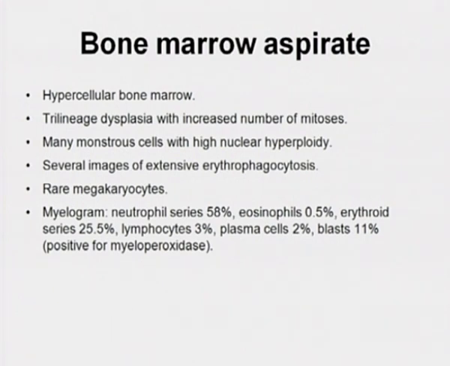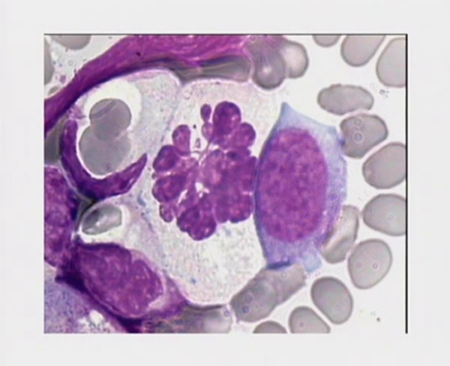myelogram was neutrophil series 58%, erythroid series 25%, and 11% of blast cells positive to myeloperoxidase. And these are the cells. These are monstrous cells. This is a blast with granules.